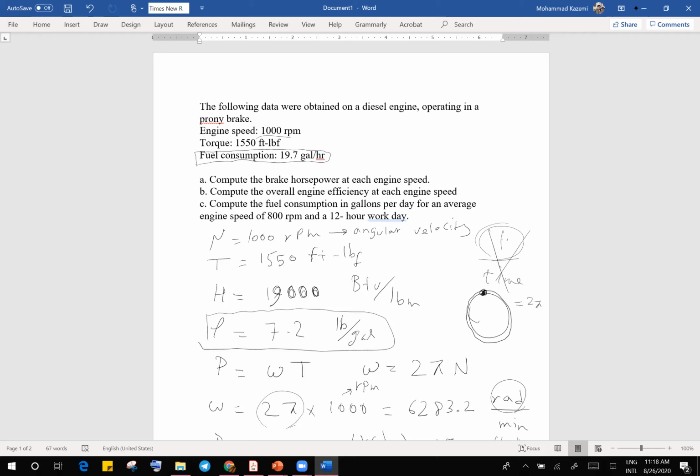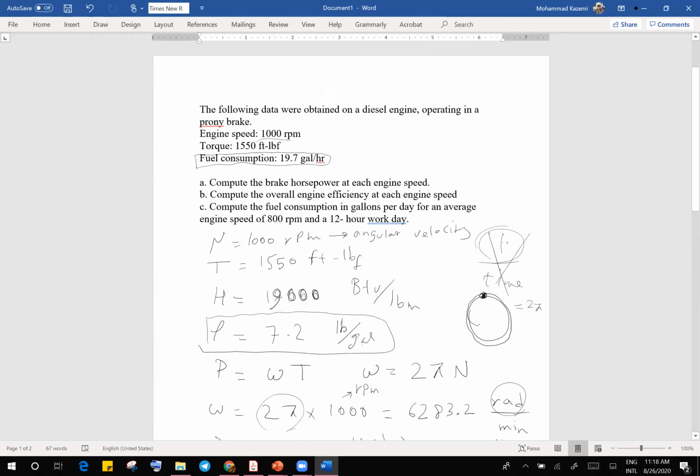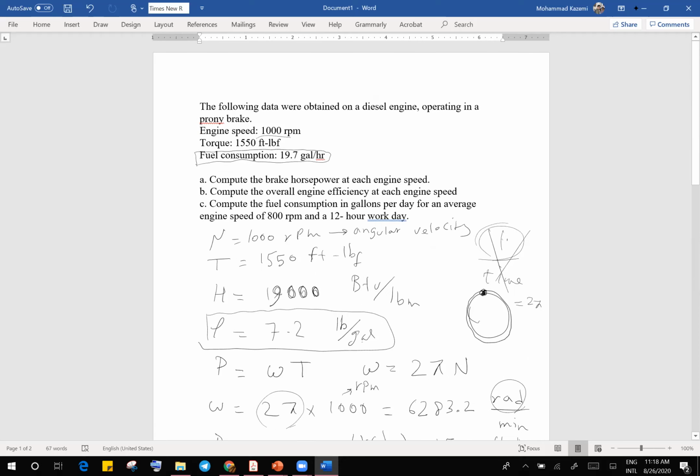Exactly. If you multiply this number by that number, the gallons will cancel out, and what you get is pound per hour. So it's basically converting volume into mass, and to do that you need the density.